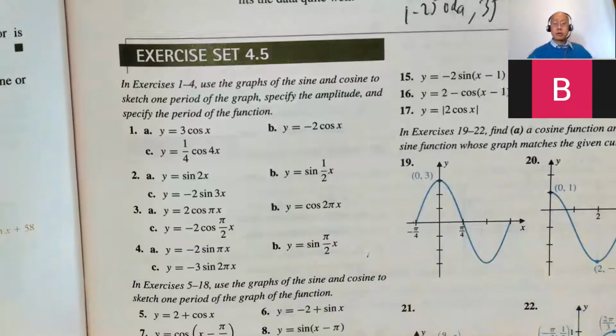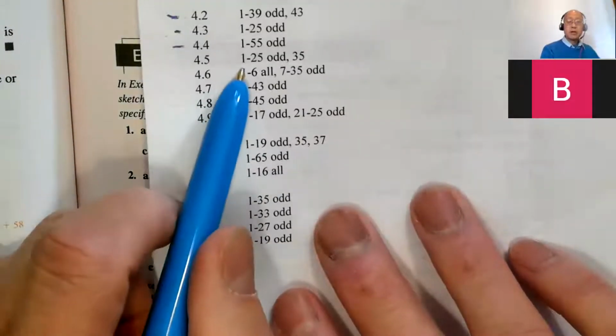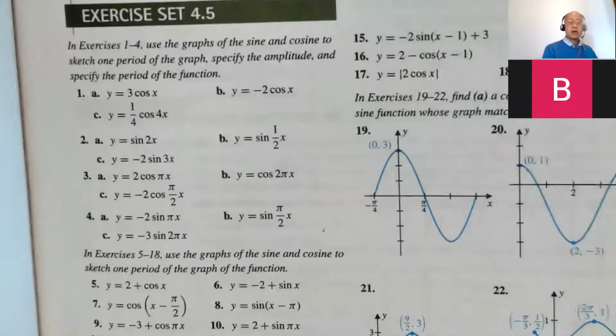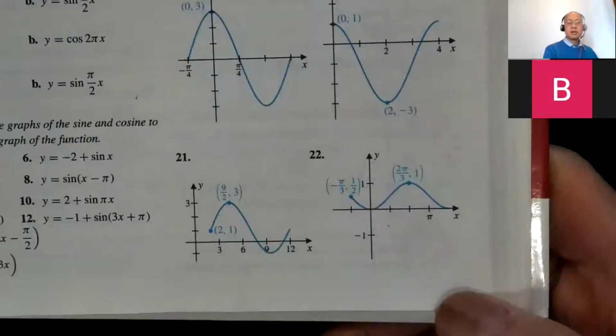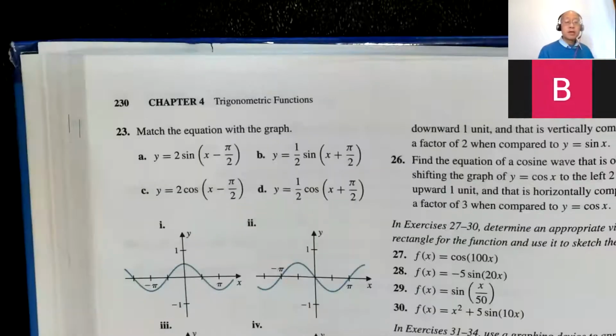Just giving an introduction. Let me show the homework for those of you who don't have the book and aren't getting it. Problems 1 to 25 and 35, so 35 is the last one. It's on page 229. Then page 230.